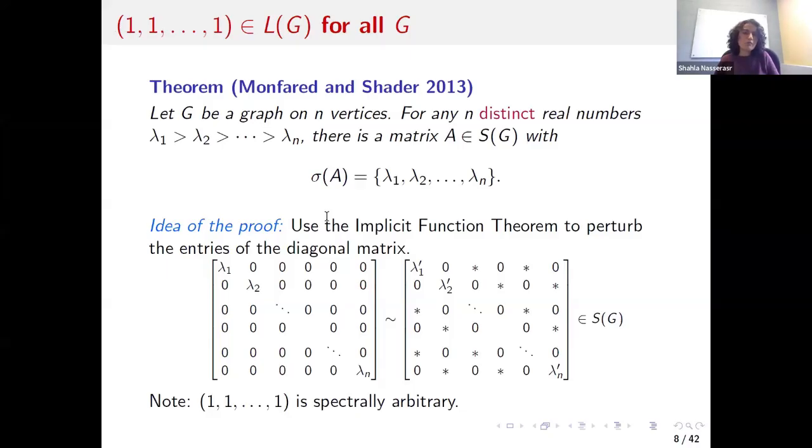That was shown by Monfared and Shader in 2013, when they showed that if you start with a square matrix and let the diagonal entries be these distinct values and put everything else to be zero, then because these are distinct, using the implicit function theorem, there's always going to be an open interval for the values that we want, so that we can perturb this matrix in any way that we want to get a symmetric matrix with the eigenvalues lambda 1 to lambda n. So that sequence of ones is spectrally arbitrary for all graphs.